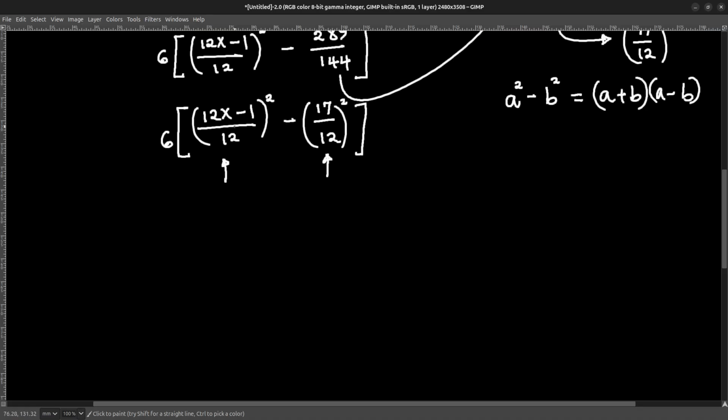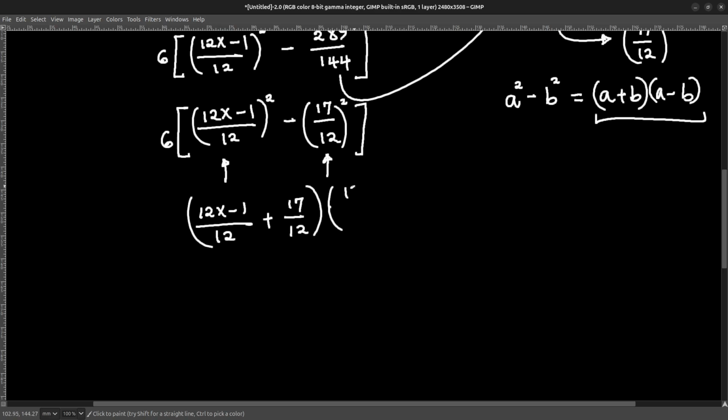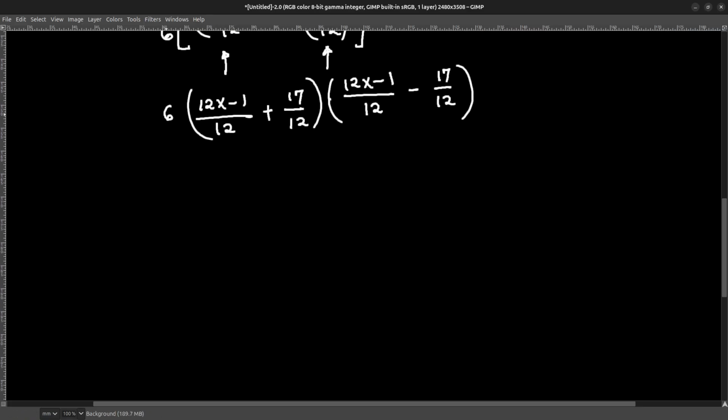So using this, our expression is now going to be the first term a, 12x minus 1 over 12, then plus the second term, the b term, which is 17 over 12, and then times, we are going to have the first term 12x minus 1 over 12 minus the b term, which is 17 over 12. And then of course we still have the 6.